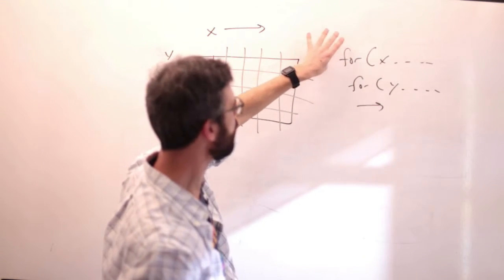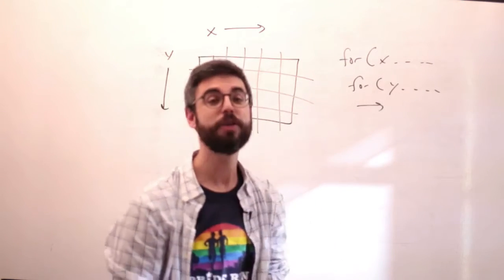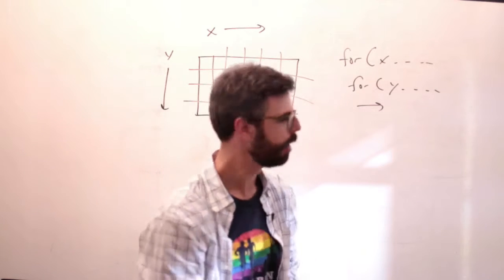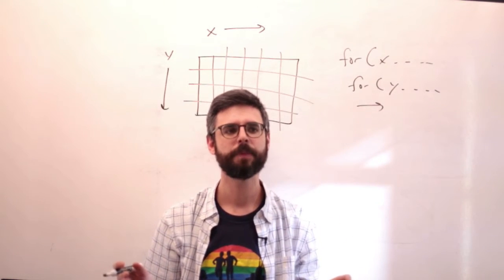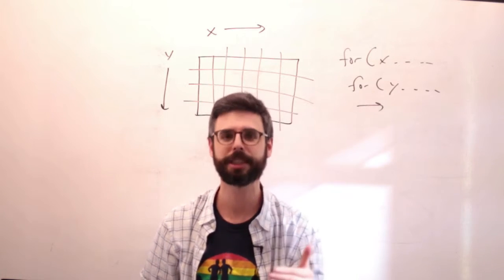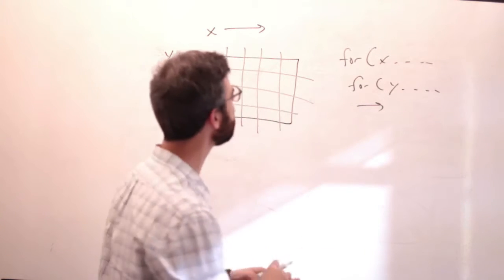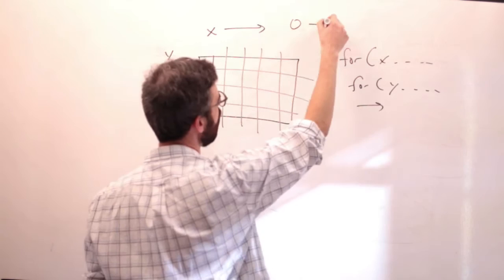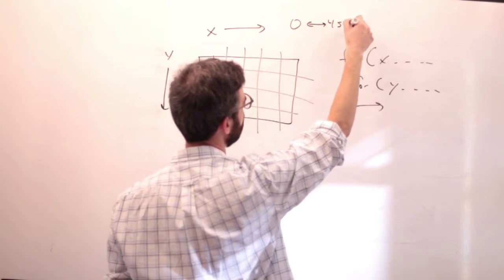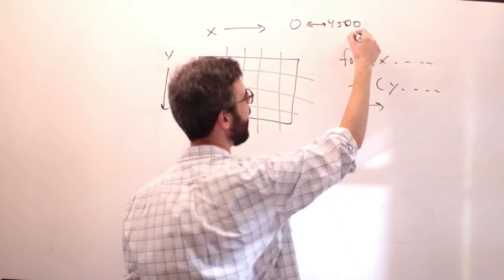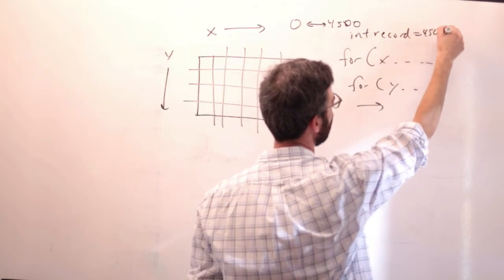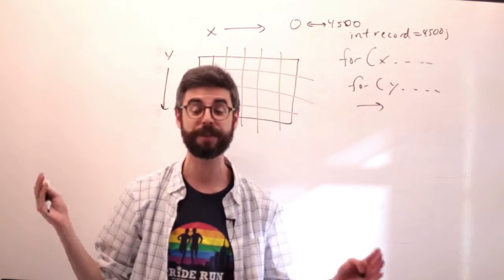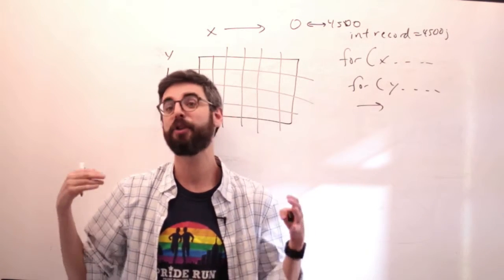But the way that this works is you need to find the record holder. So let's say we wanted to find the closest thing. Remember, the depth values are between 0 and 4,500. So we could start by saying the initial record, the world record for the closest thing, would be 4,500 because that's the furthest back.